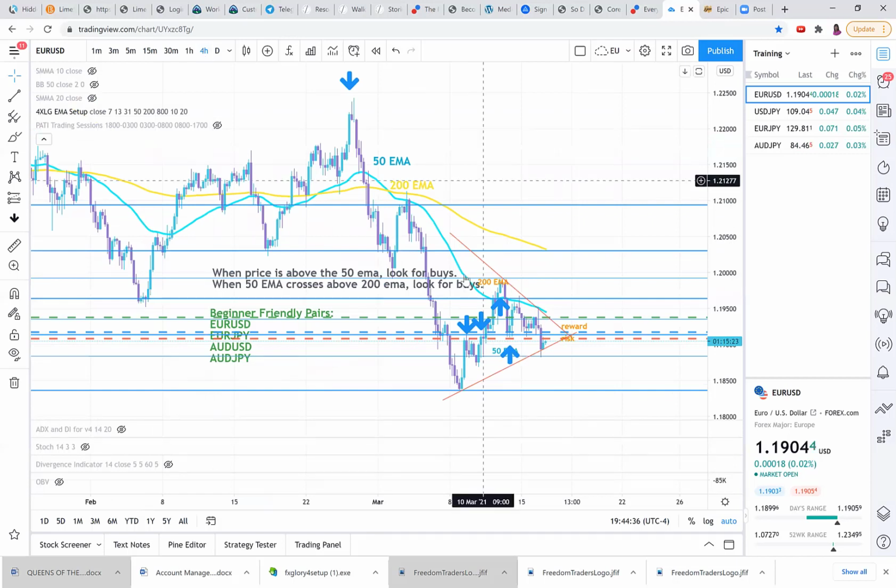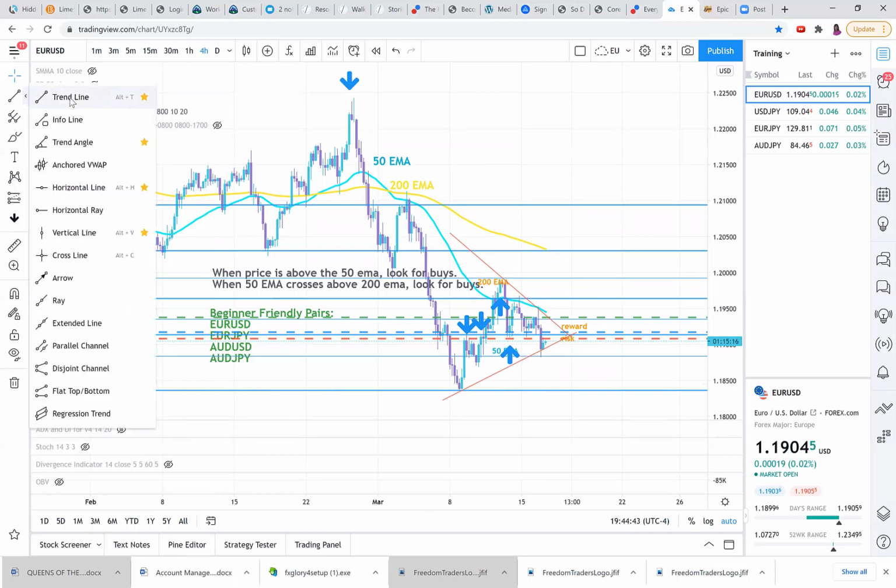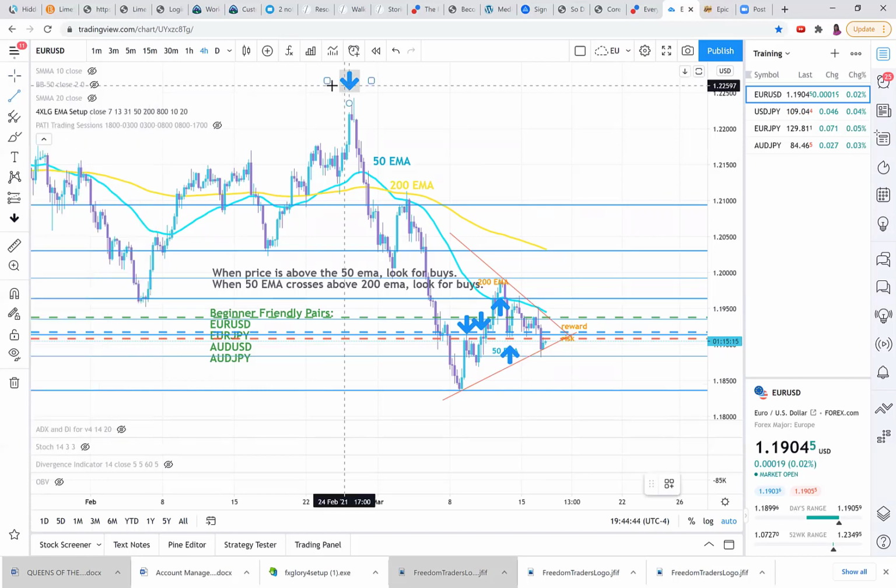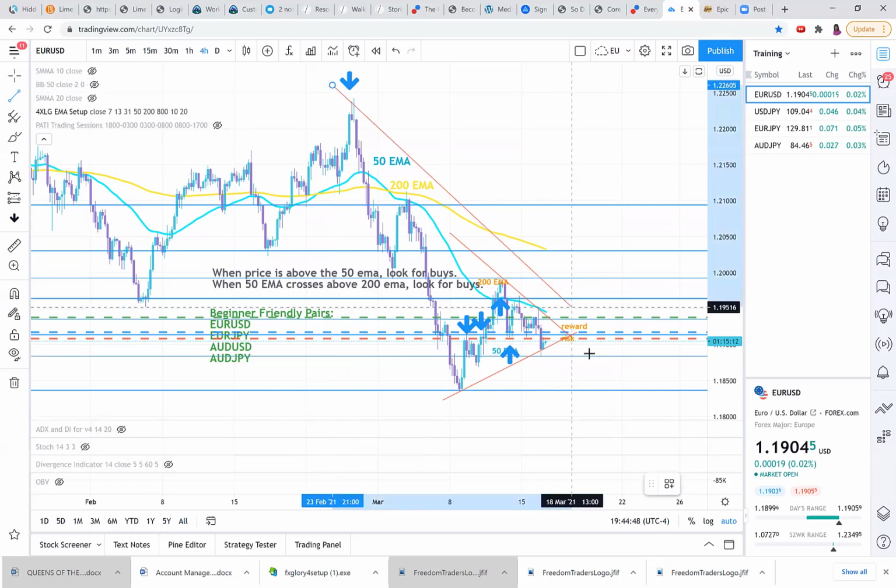Now that I'm on the 4-hour, lots of people will draw their trend lines and make them different colors based on the time frame. So if I want to connect it here, I can come all the way down like that.